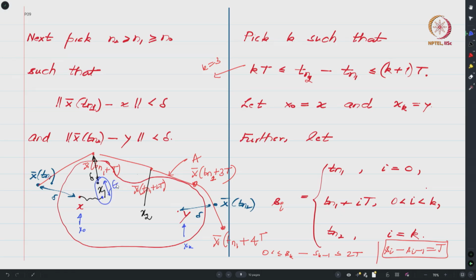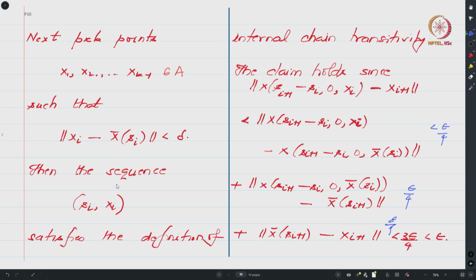And this is true if you start from x0 and go all the way up to x1, or if you start the solution trajectory at x1 and look at its value at time instance S2 minus S1, and so on and so forth. So because of this fact, one can conclude that indeed A is internally chain transitive.